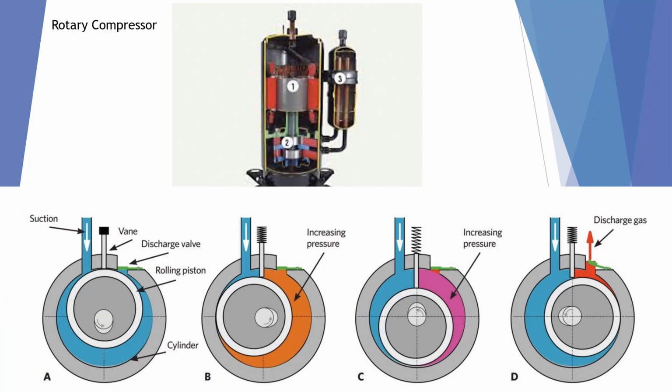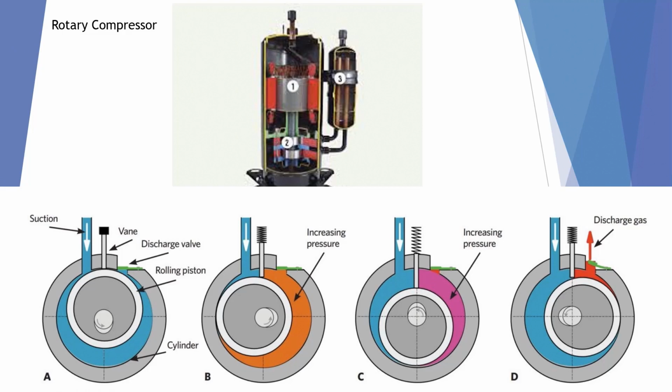More and more we're seeing rotary compressors becoming more prevalent in the AC and heat pump field, and for good reason. They're a very good compressor, very reliable, and the design lends itself to less damage from liquid slugging. Also, on a rotary compressor, you will normally find a liquid accumulator on the side of the compressor, which in this picture is numbered number 3.